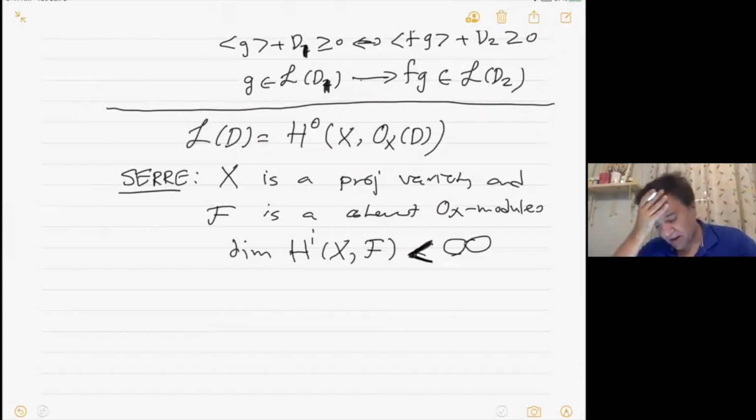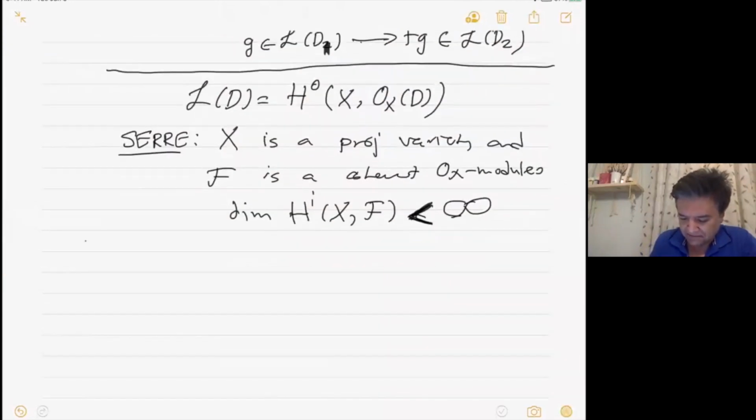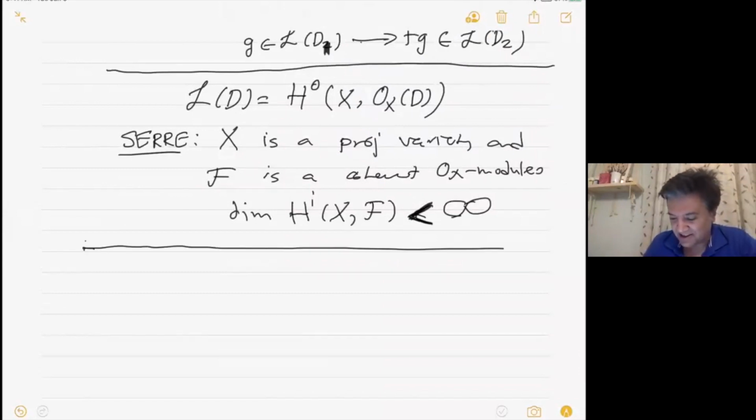So for compact complex manifolds, the space of global sections of any vector bundle is finite dimensional. Okay, but of course this is like using a sledgehammer to break a small nut, and the proof of the fact that L of D is finite dimensional is in fact very simple. Let me try to explain why it is true using low technology.